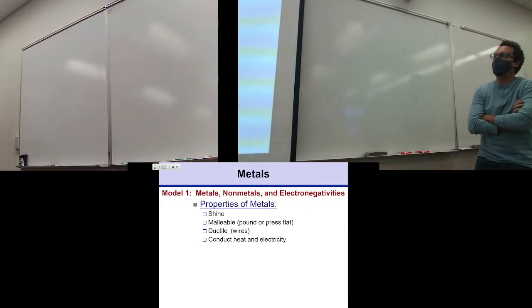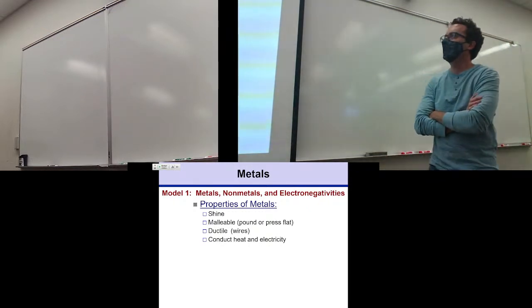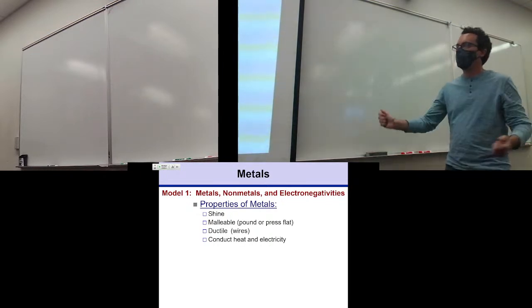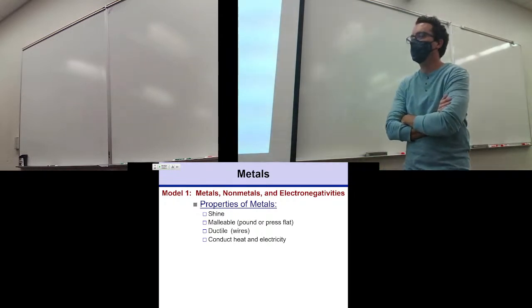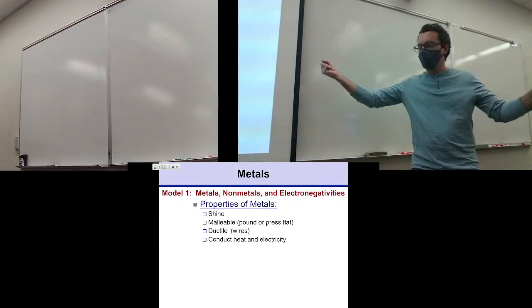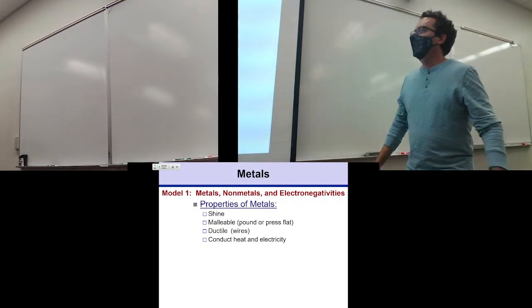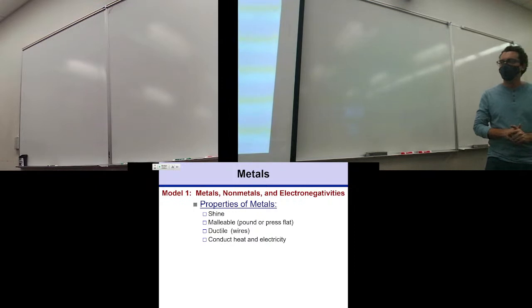Metals are shiny, they are malleable, which is the word we use to describe that we can pound them flat, make sheets, foil, whatever. They are ductile, which means you can stretch them into wires. They stretch, they don't break. And most importantly, they can conduct heat and electricity very, very well.